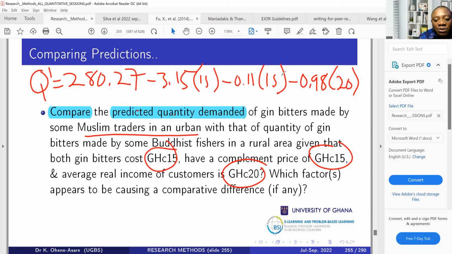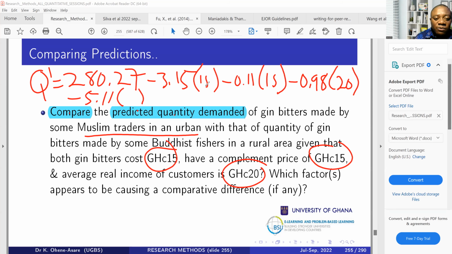So you can put that one somewhere down here: minus 0.511 into bracket location urban. We are told that the first group are urban people, so what will be the value? Is it 0 or 1? Type it for me. It's 1.